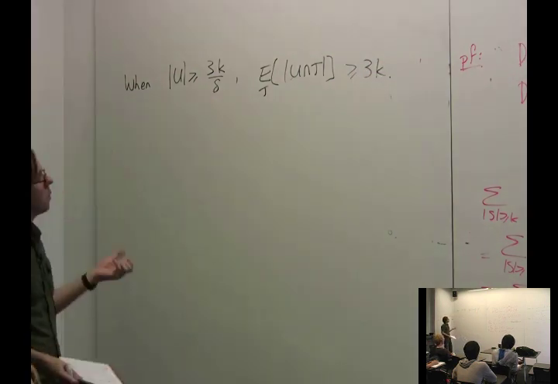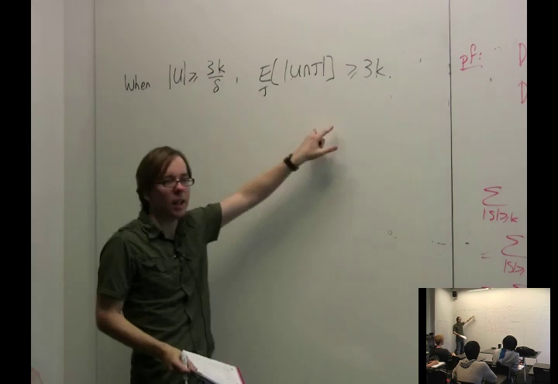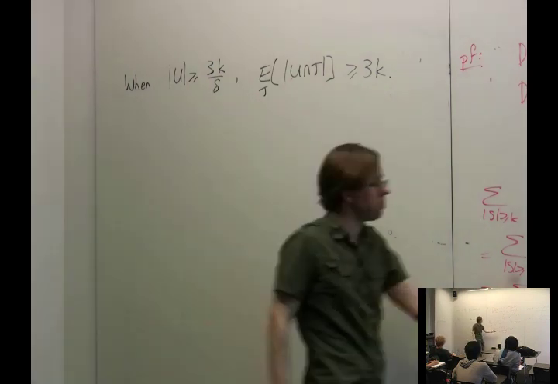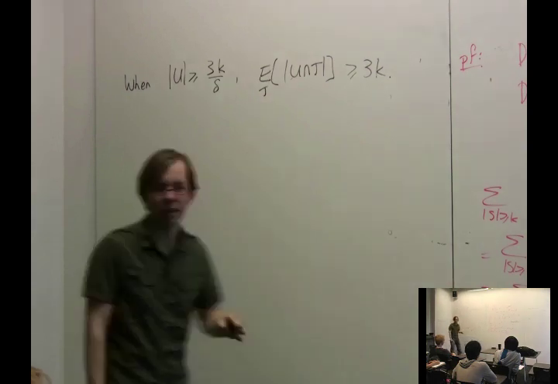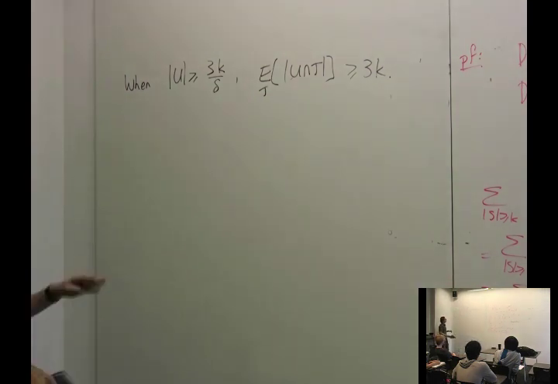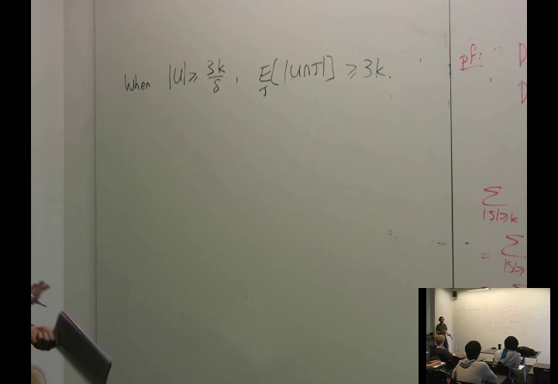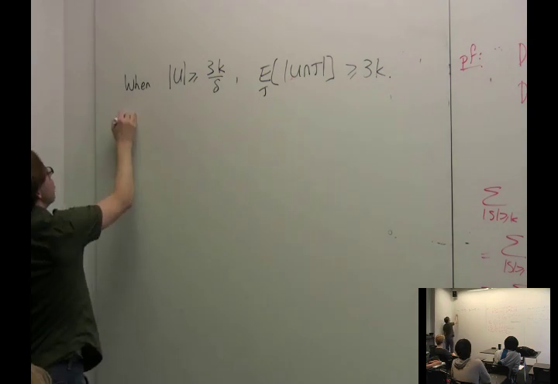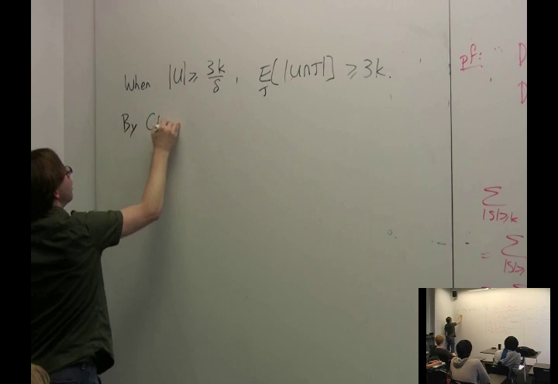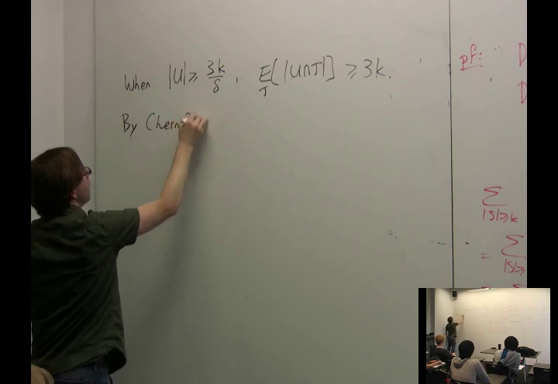Its mean is like 3k, and you're curious about the probability it'll be at least k. This is a factor of 3 lower than its mean. That's a very unlikely event, so you can use Chernoff to bound it. I won't bore you with the full explicit calculations, but by Chernoff, that's very unlikely.